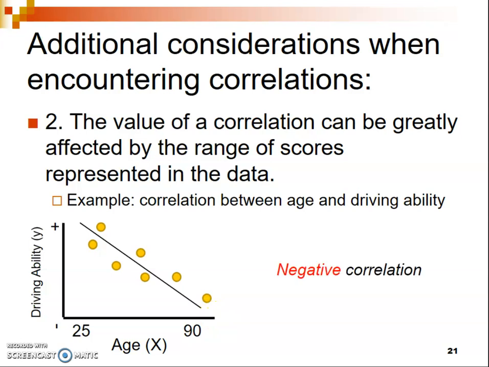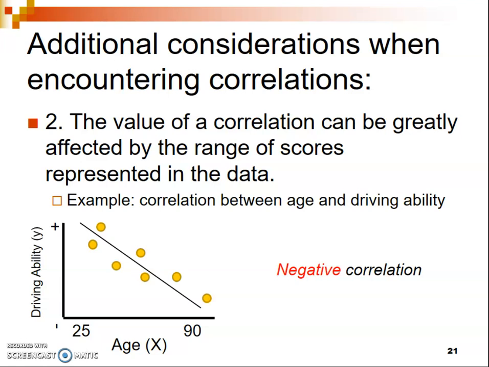So with this new range of ages, this is now a negative correlation. If we had either of these two limited samples, that would lead us to the wrong conclusion.